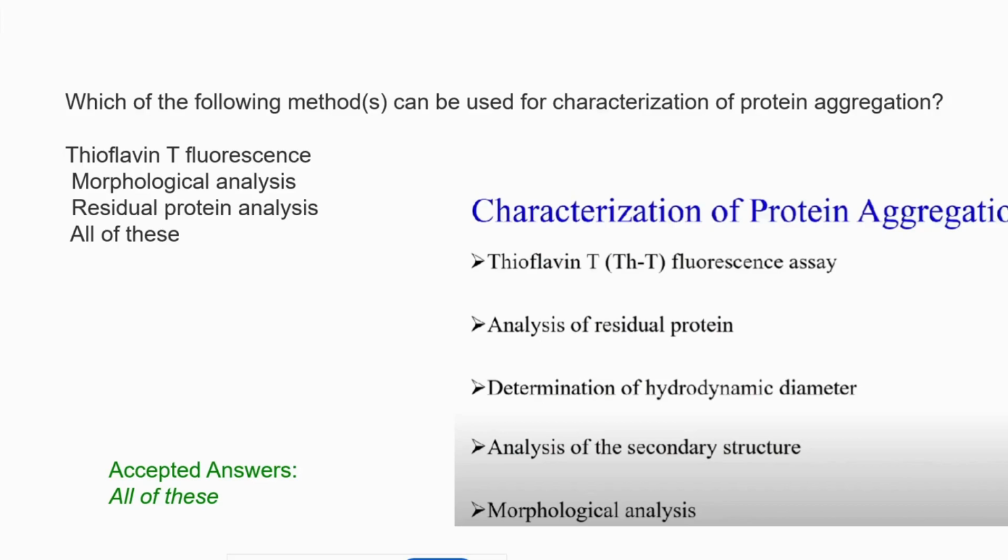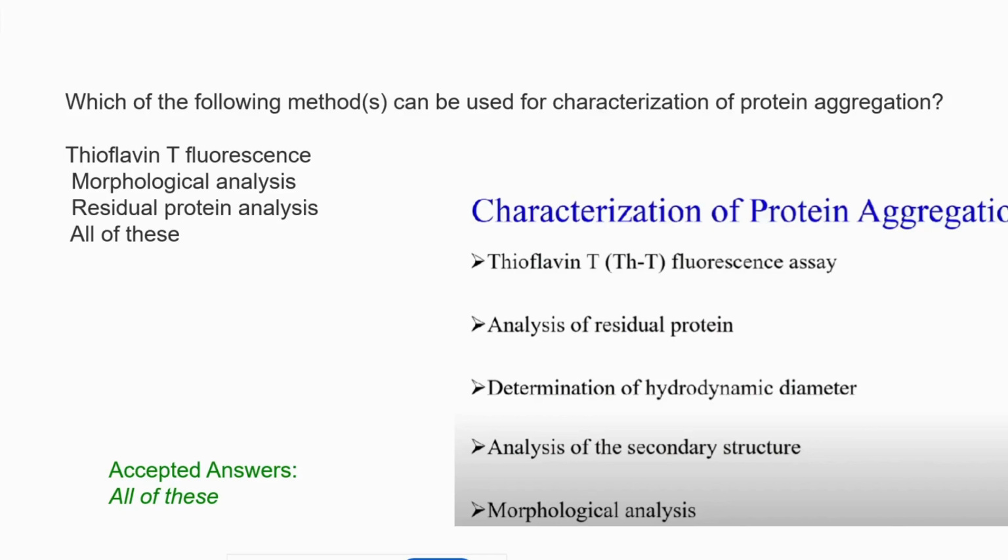So thioflavin T basically detects these beta sheets in the protein aggregates. And the residual protein analysis will basically show the remaining bulk concentration of the protein, which decreases with time. And for morphological analysis, you can do AFM or microscopy.